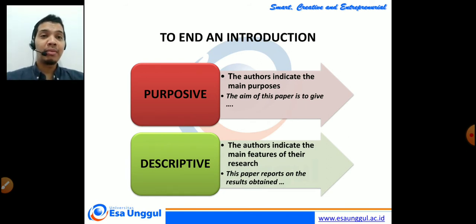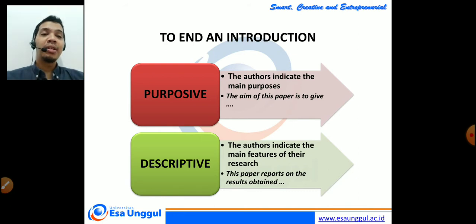If you still remember, in the previous meeting we discussed developing the introduction, developing paragraphs, and writing the introduction. As you can see on the screen, to write an introduction we need to consider two important things: purposive or descriptive.